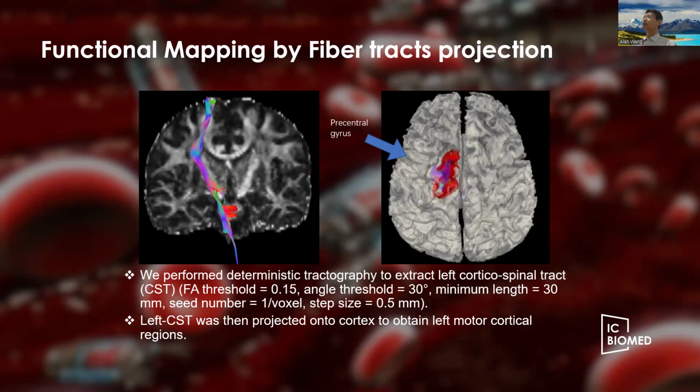This kind of projection can be utilized to map the proper functional region related to the specific fiber bundles. This diffusion tensor imaging driven functional region analysis is very useful for surgical planning or navigation, especially for those patients who can't perform the proper task-based paradigms.